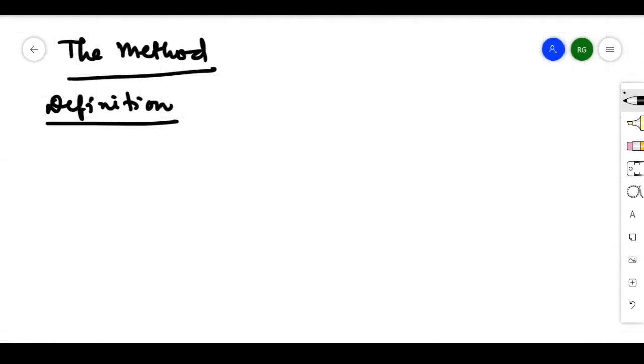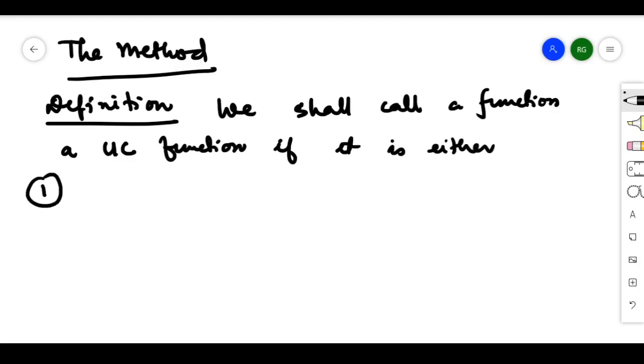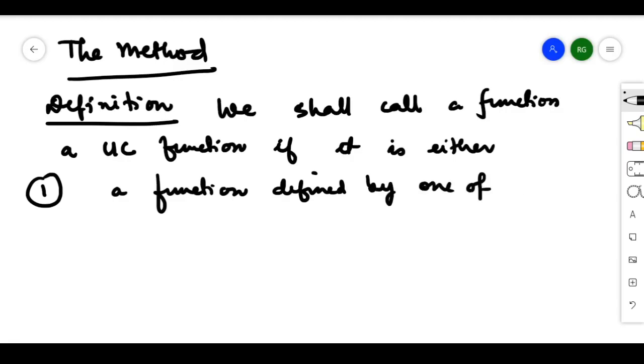We call a function a UC function if it is either number 1, a function defined by one of the following.